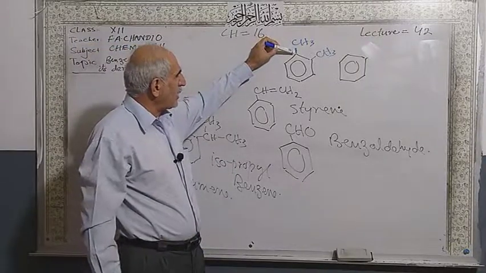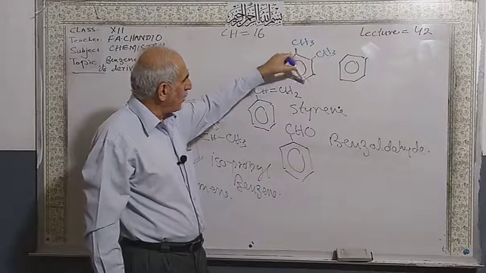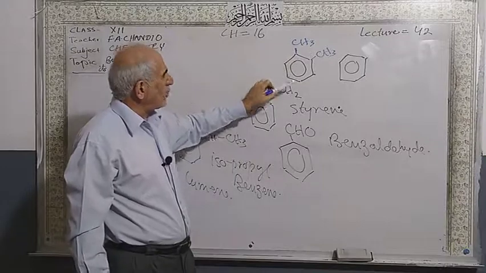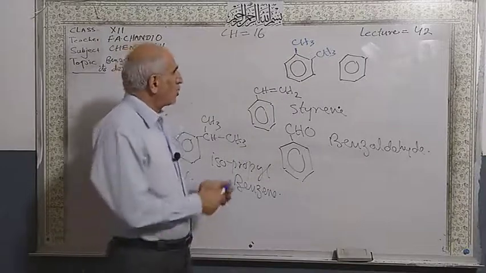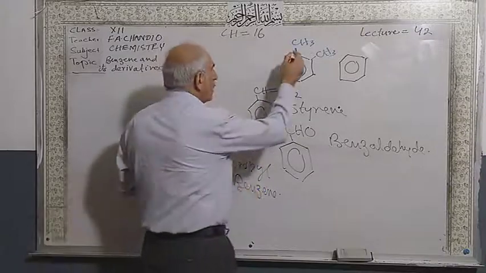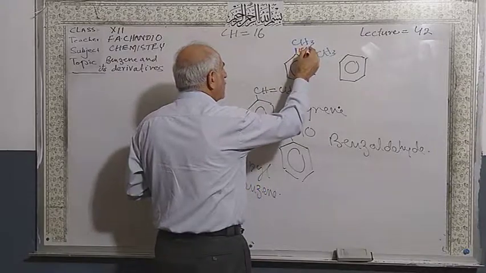If you make this the reference, then you have to move from group to group this way, or if you make this the reference, then you move group to group the other way. This is a reference.